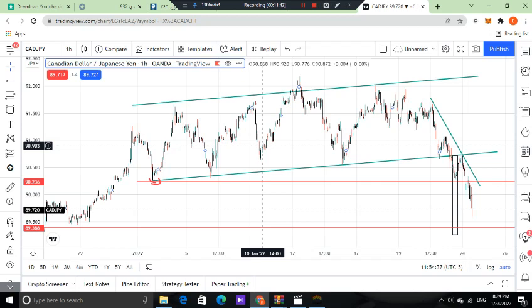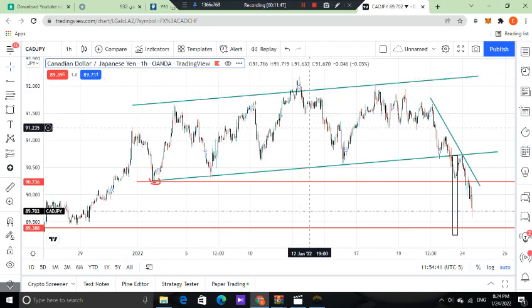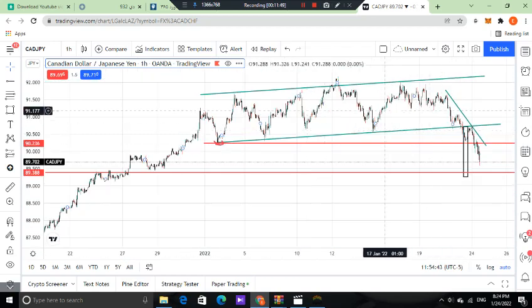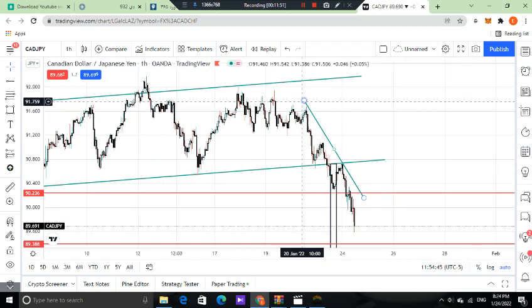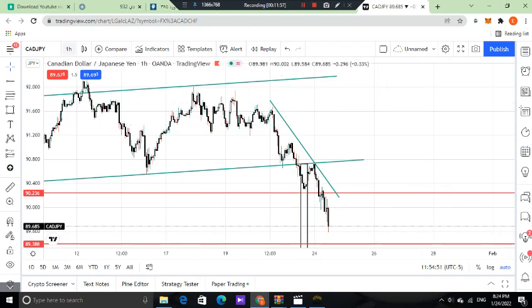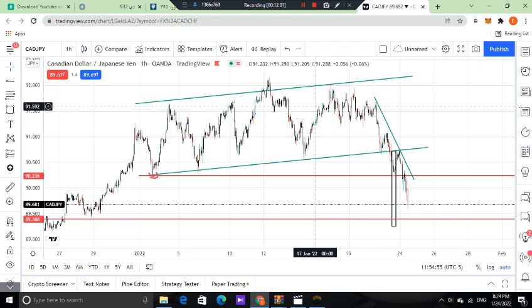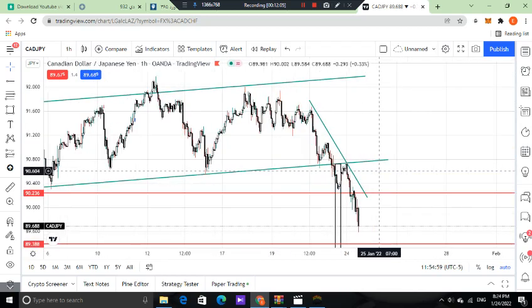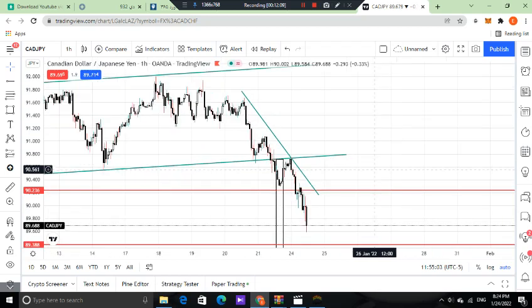Based on my personal experience, I always choose higher time frames, like the 1 hour time frame. It's always been profitable for me. Yeah, you'll lose some positions, but after all, your balance will be positive.